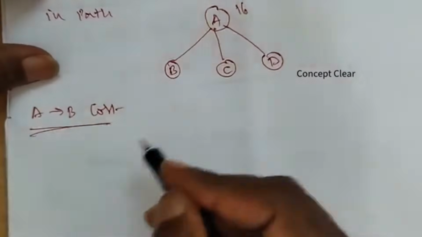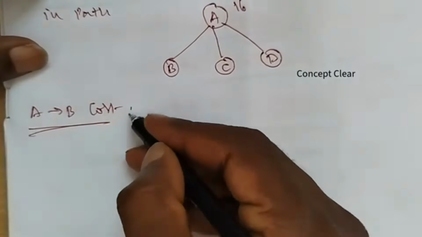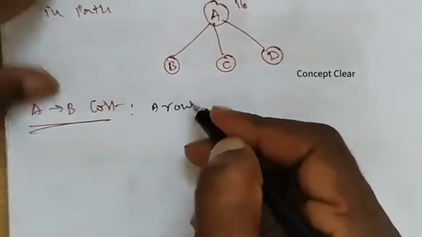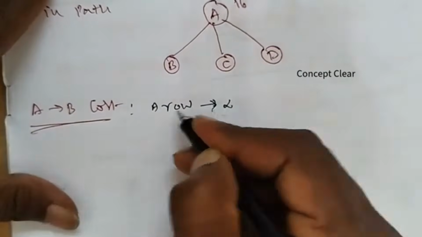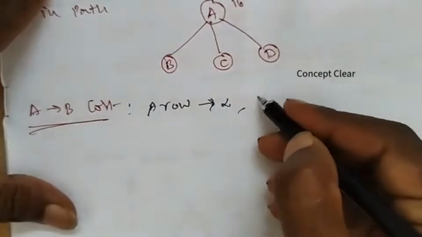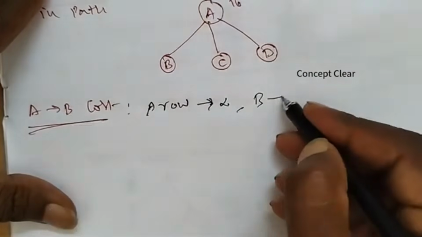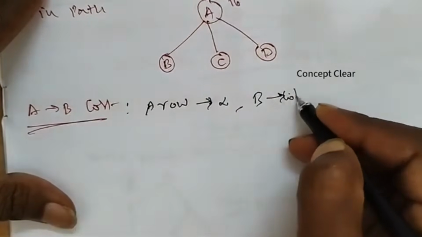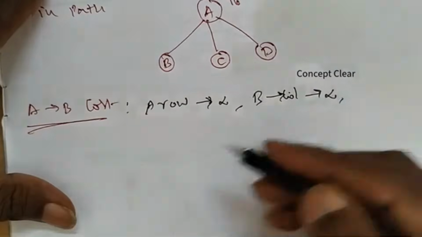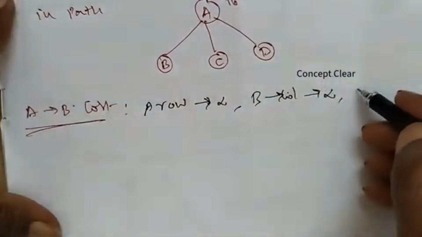When you are finding the A to B cost, the complete A row is infinity. What about the column here? The B column is infinity, and the B to A path is also infinity.